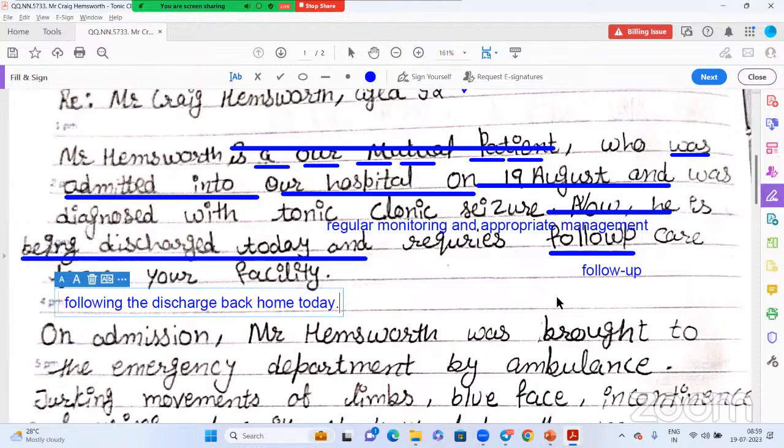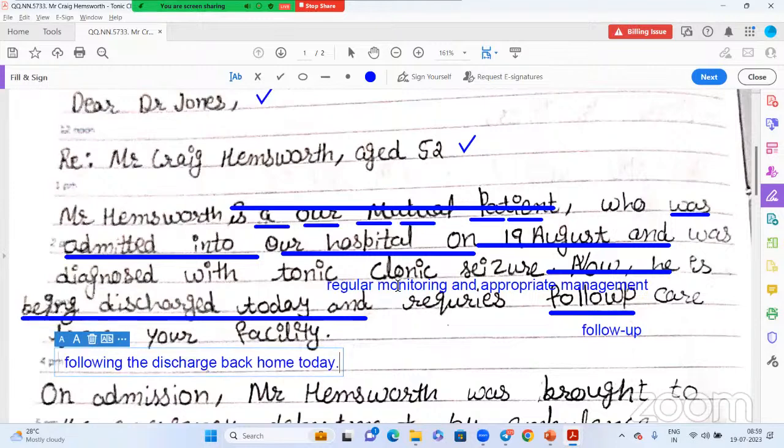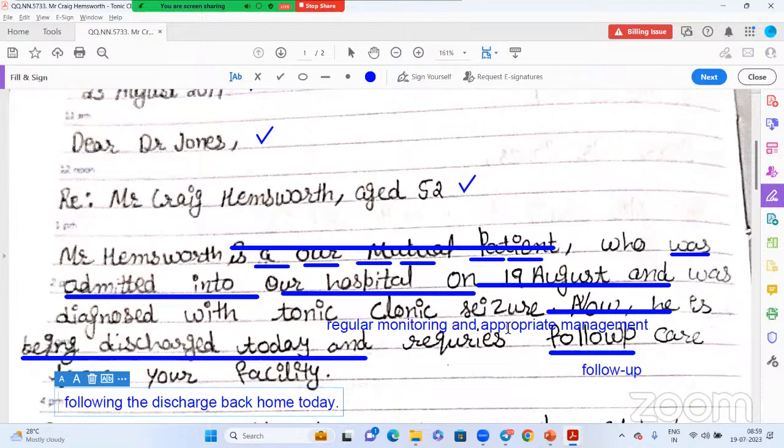So that's it. So Mr. Hemsworth, who was diagnosed with tonic-clonic seizure, requires regular monitoring and appropriate management following the discharge back home today. Right. They're writing to him. So his monitoring and his management. Dr. Jones monitoring, Dr. Jones management.